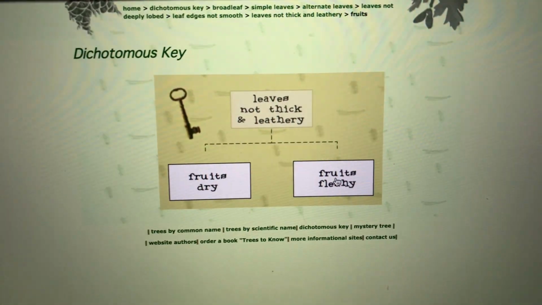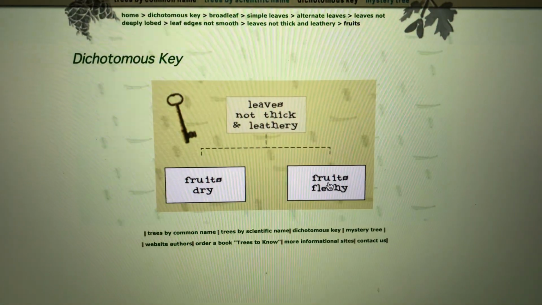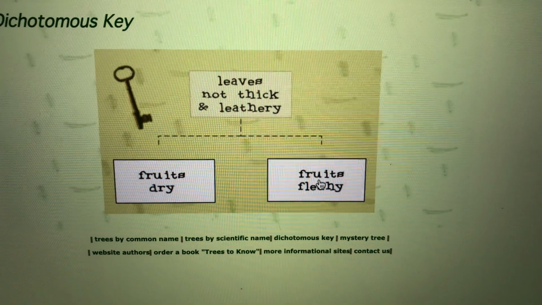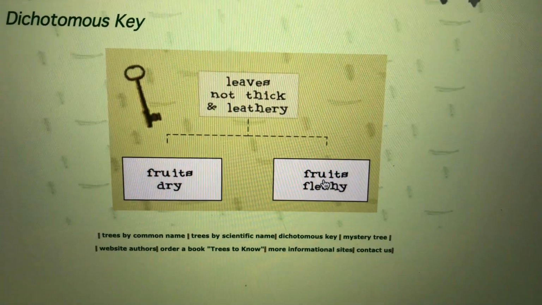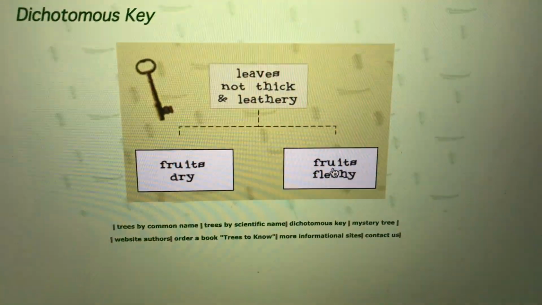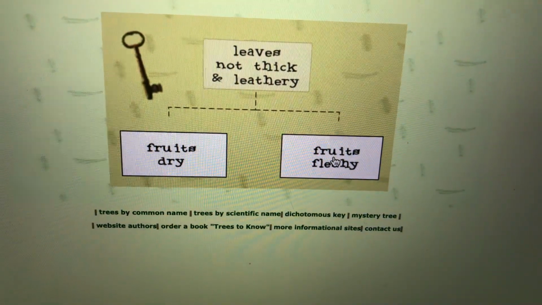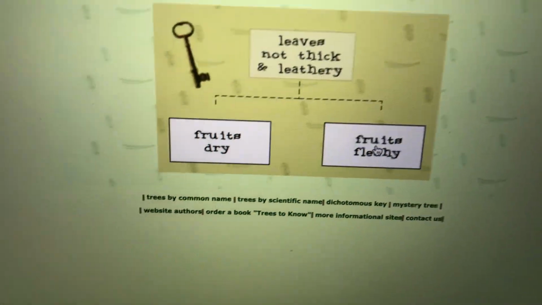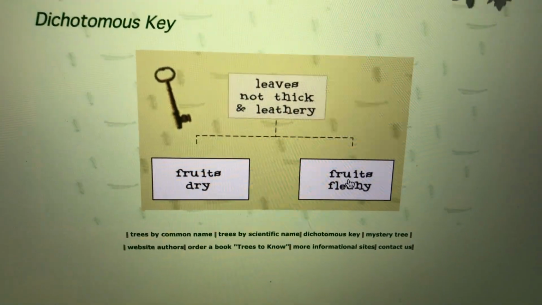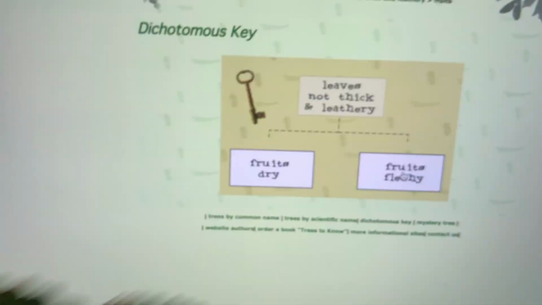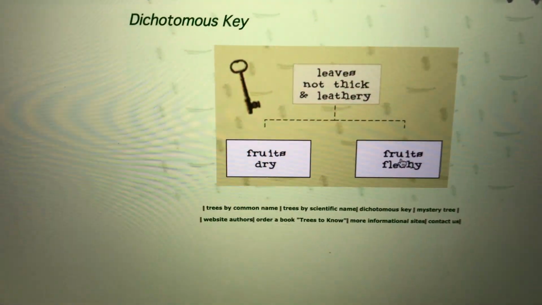All right. Is the leaf leathery? Is the leaf not thick and leathery? Okay. So I would say that this is going to come under the category of not dry, so it's going to be more fleshy.